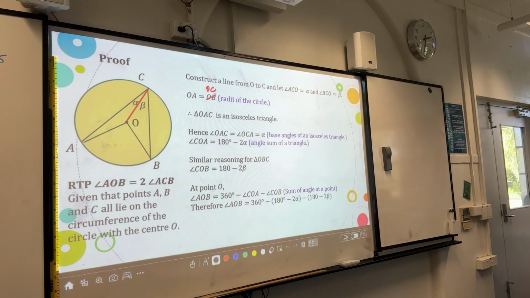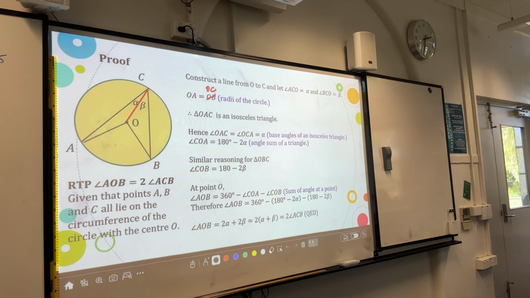And at point O, AOB equals 360 minus that, sum of angles at a point. And therefore, AOB equals 2 alpha plus 2 beta, which is 2 times alpha plus beta, which is 2 angle ACB.